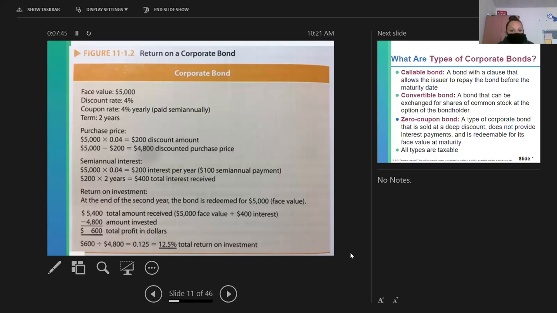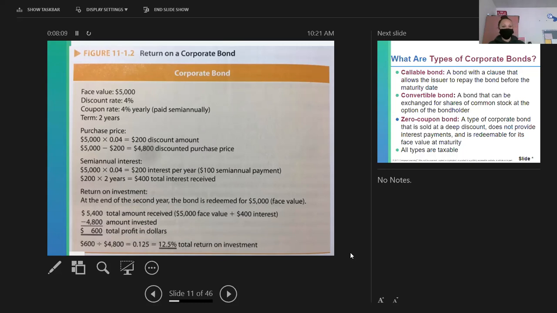The semi-annual interest, so 4% of $5,000 again is $200 per year. You get semi-annual payments, so you get $100 twice a year. And then you get that for 2 years, so you get $400 in interest. At the end of the second year, you get $5,000 for this bond.